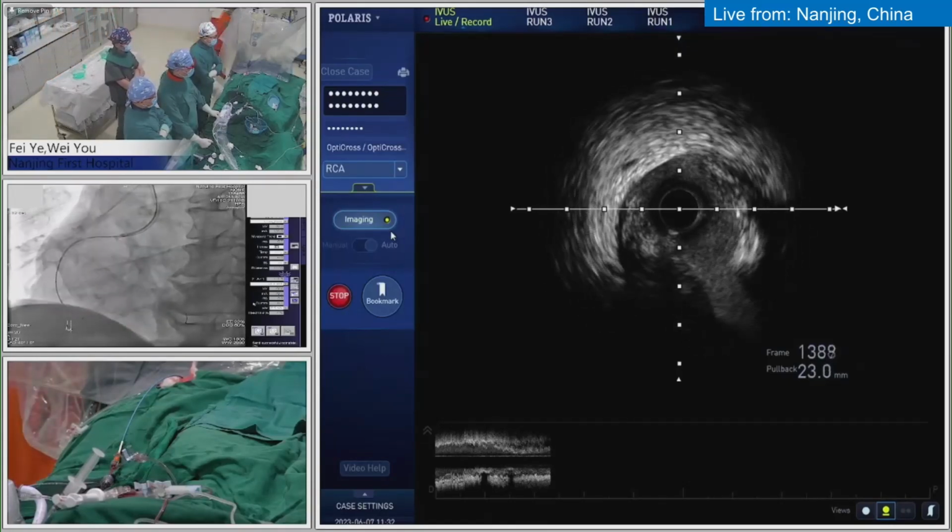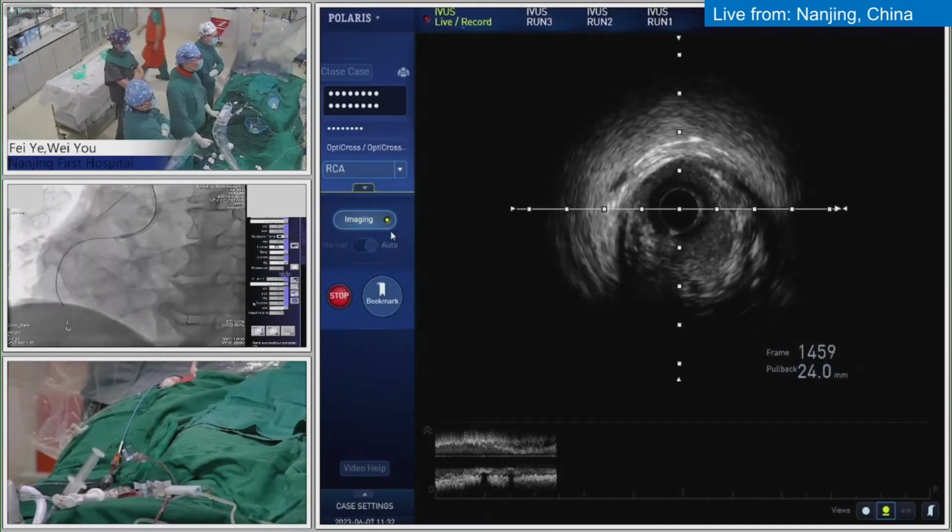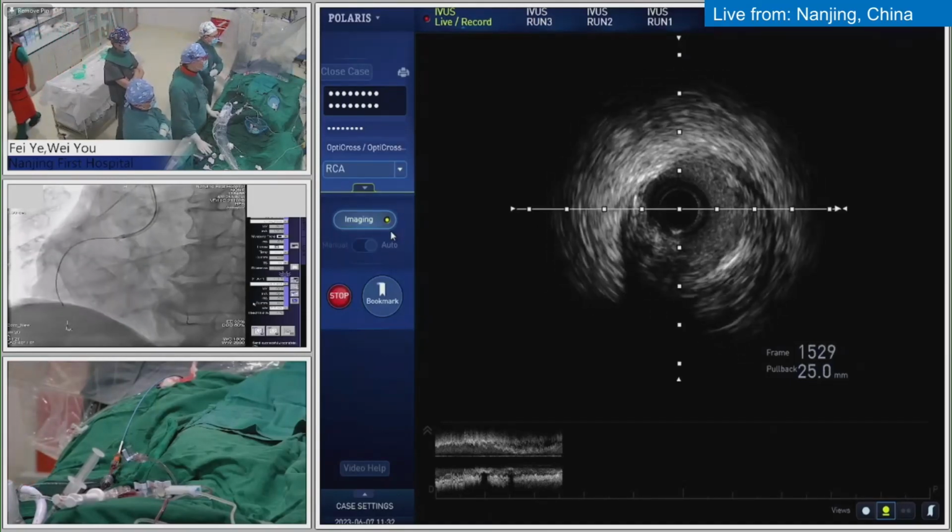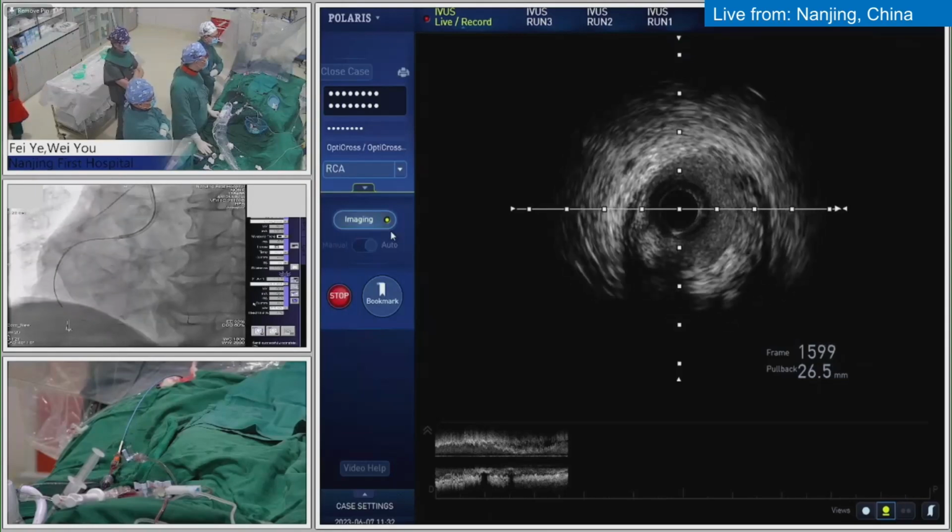Here we can see medial dissection. The medial dissection is very long.